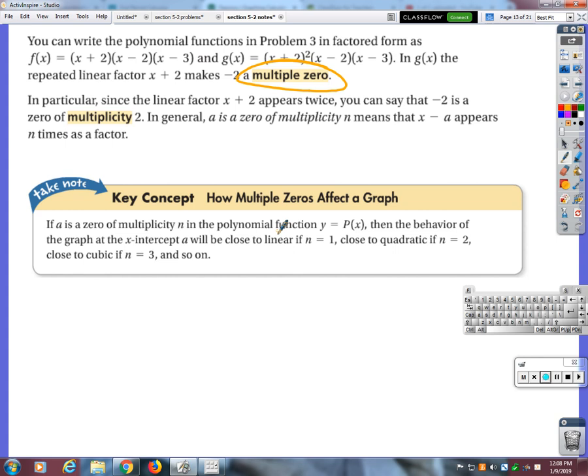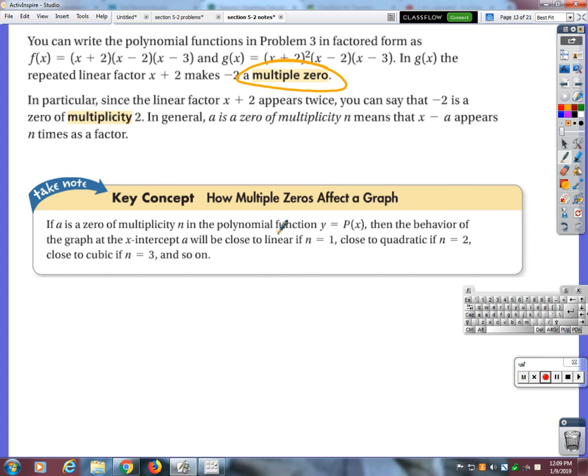Knowing that will be important to the work that we do together next year and for the lucky 5 sophomores in here the year after that. But for right now, all I want you to do is tell me if it is a multiple zero or not, and then if it goes through the x-axis or if it just touches it.